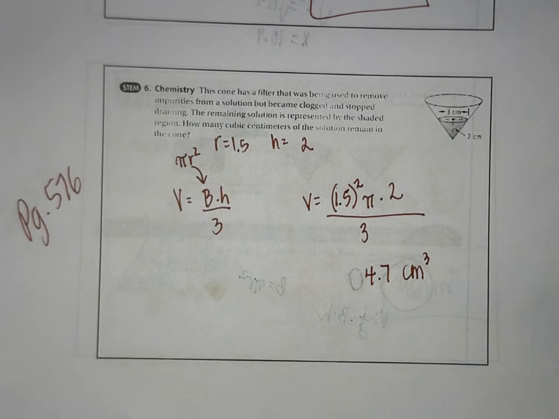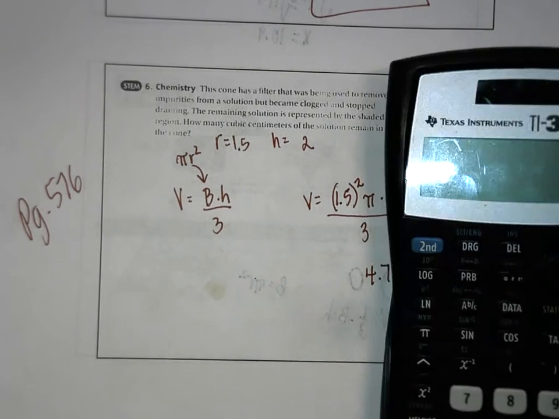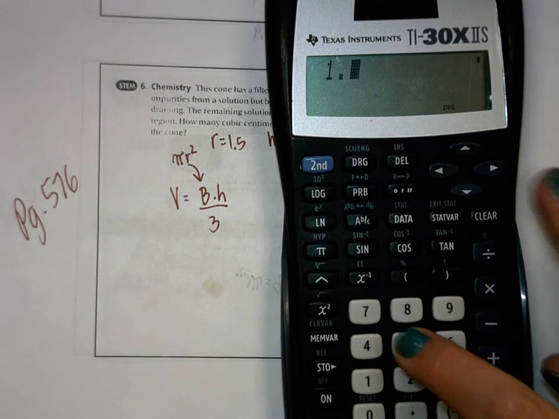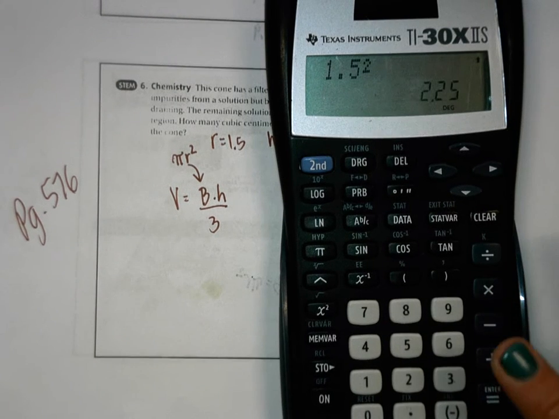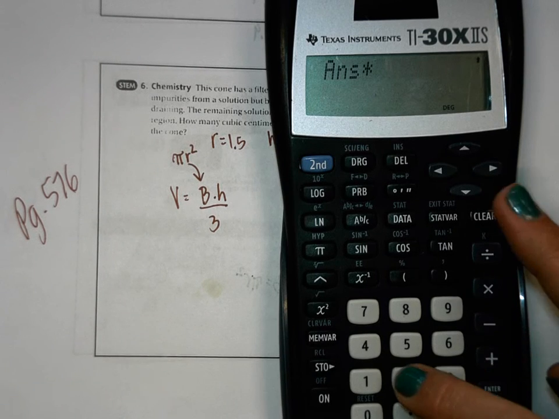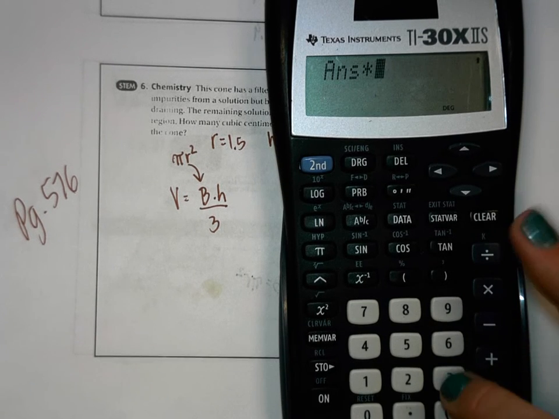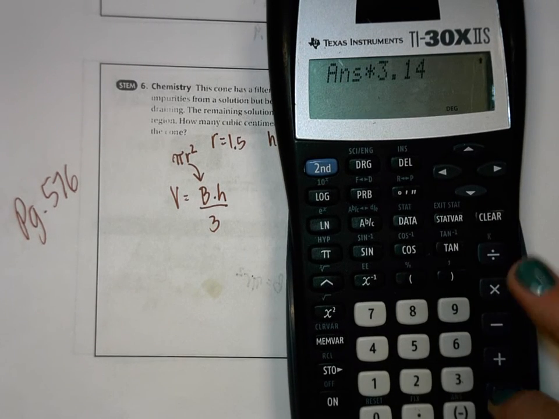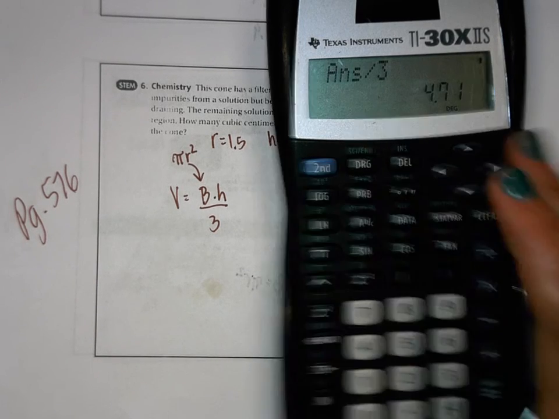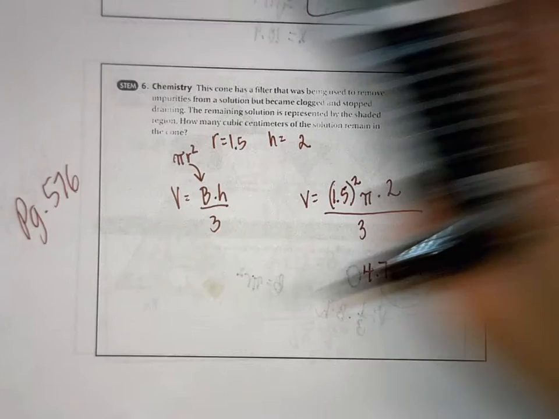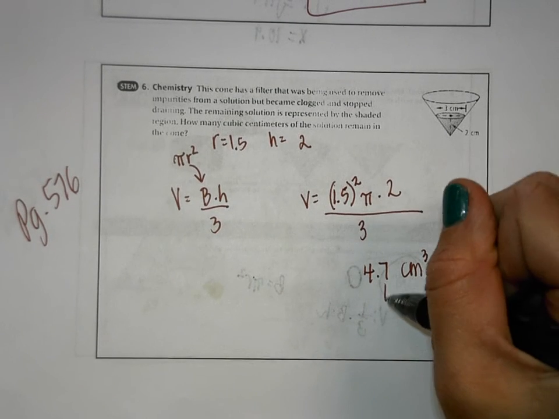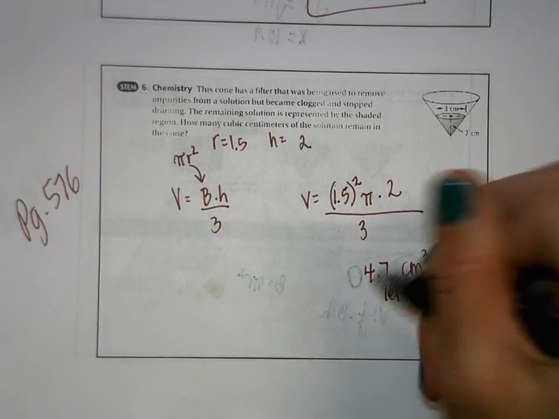Oh yeah, I just mixed them up. So let's type it in here just to confirm. 1.5 squared. And then I take that and multiply it by 2, and multiply it by 3.14, and then I divide by 3. And I get 4.71. And to the nearest tenth, 4.7 centimeters cubed left. Any questions?